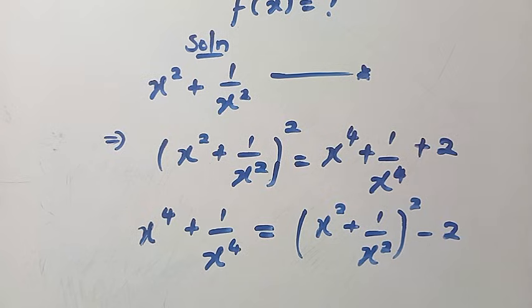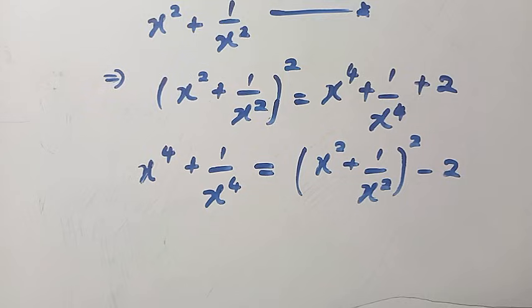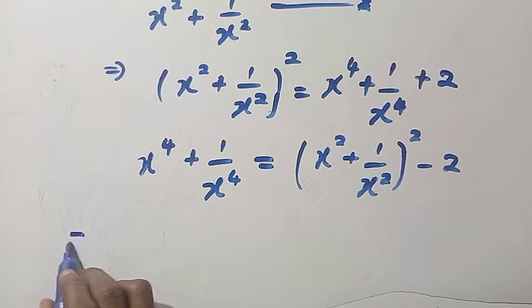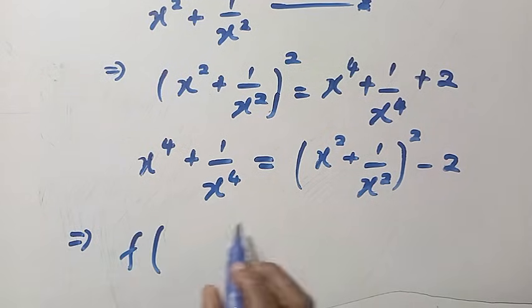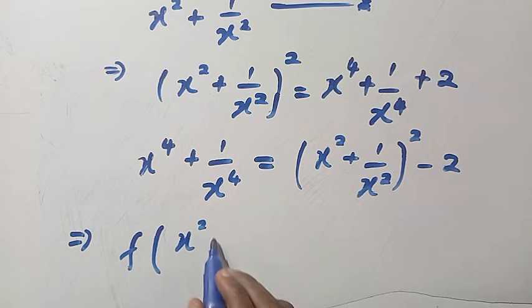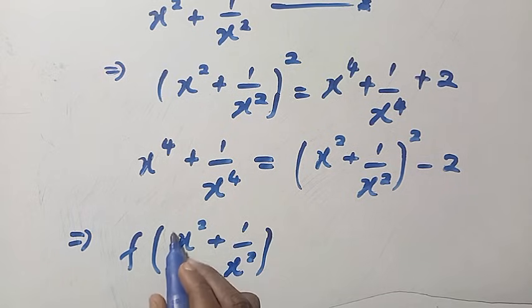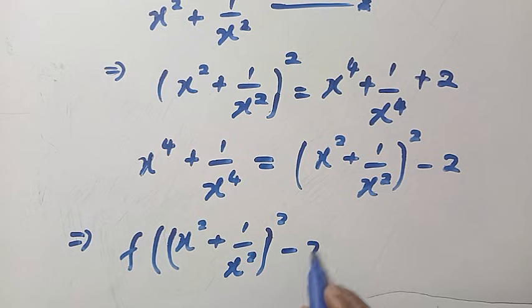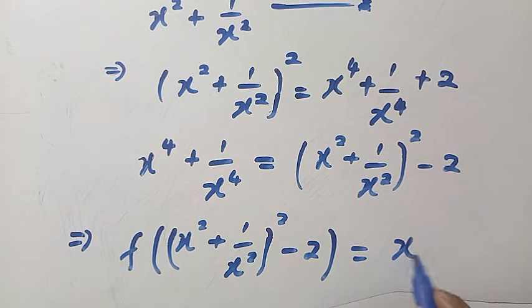So in the next step, we are going to replace everything in the function, so that we have f of (x to the power of 2 plus 1 divided by x to the power of 2, all raised to power 2, minus 2) equals x to the power of 2.